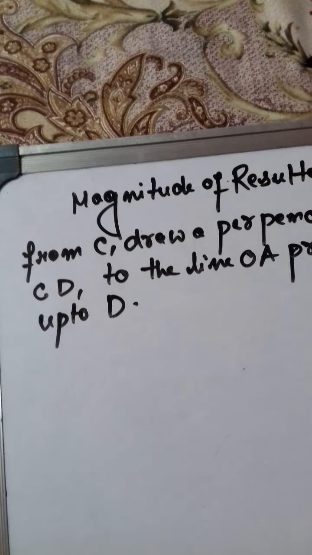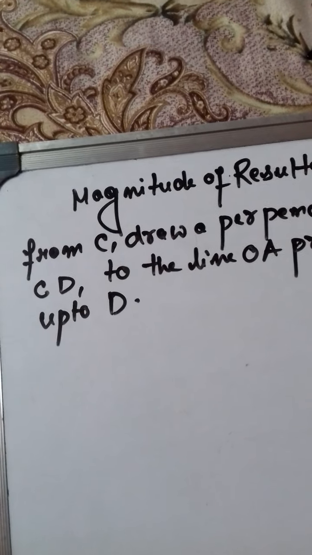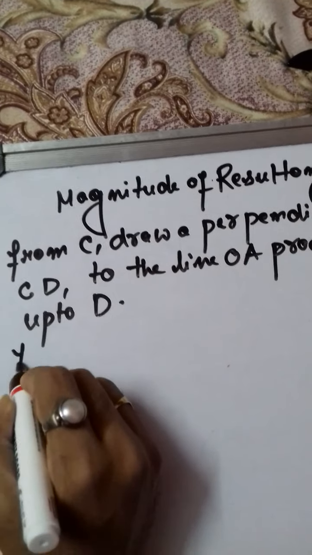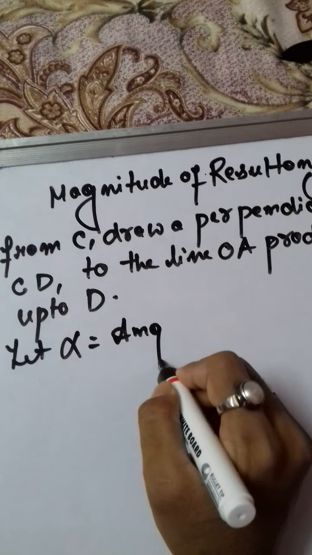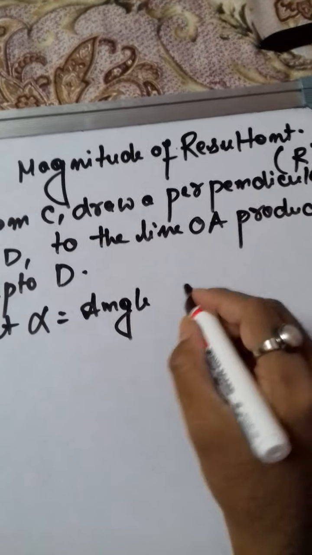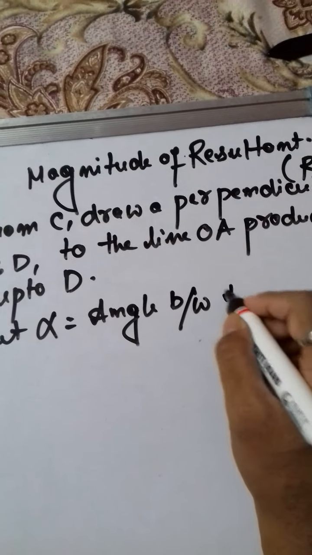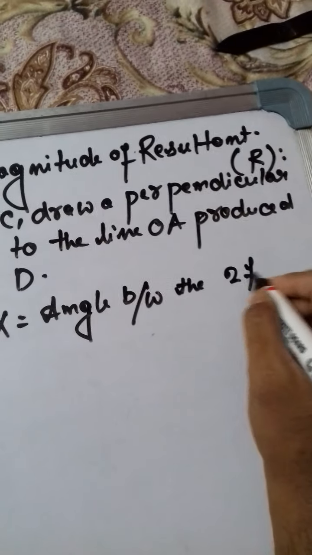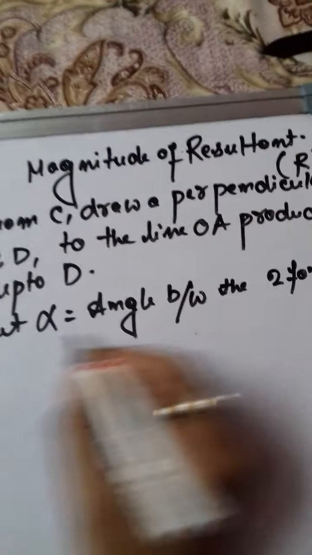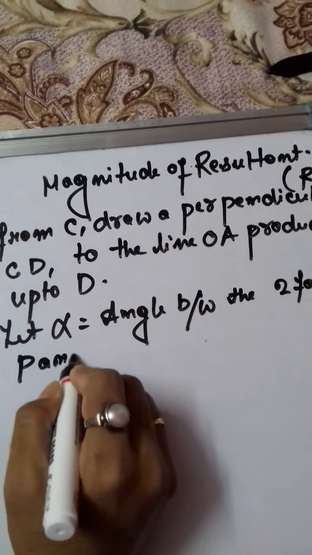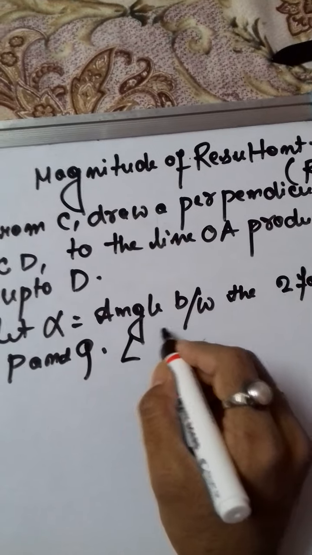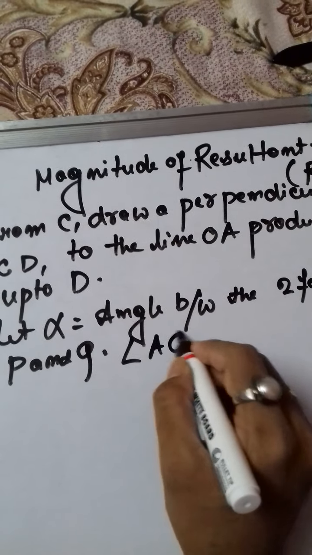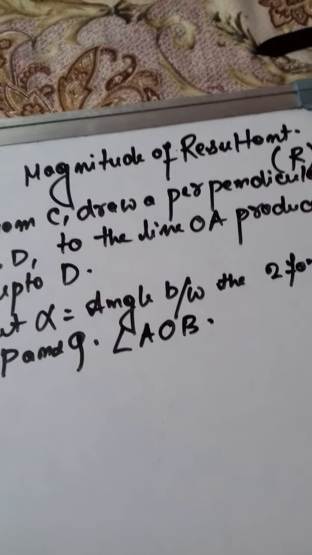Okay. Now let alpha be the angle between the two forces P and Q. That is angle, the name can be given as angle AOB. Clear?